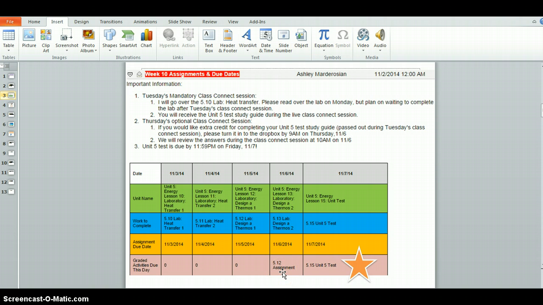I would highly recommend trying to finish your thermos lab tomorrow, and that'll open up all of Thursday for you to spend studying for the Unit 5 test, because this design a thermos lab should not take you 2 days really. You get 2 days to complete it if you need them, but you should be able to complete it tomorrow and then spend Thursday studying for your Unit 5 test.